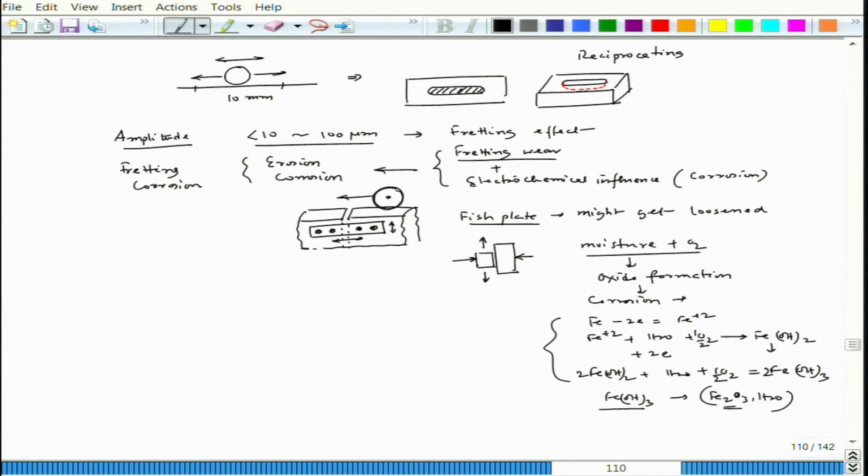After one train passes, the next train comes in a little delayed fashion, so by that time the oxide layer can reform, and when the next fretting action happens, again that oxide layer would get knocked off. Like that, you get to see a lot of debris within this fretting zone. Fretting zone means this particular interface.